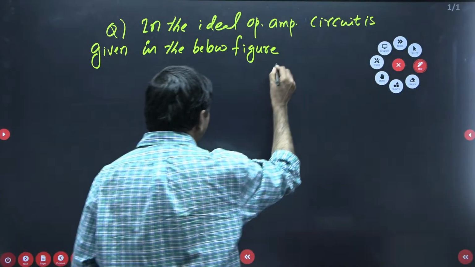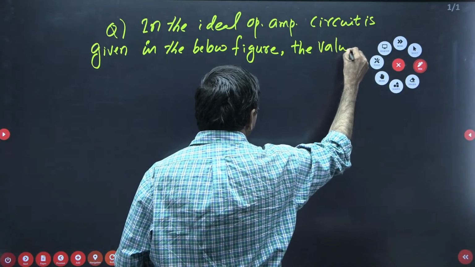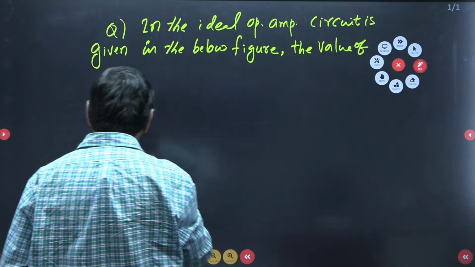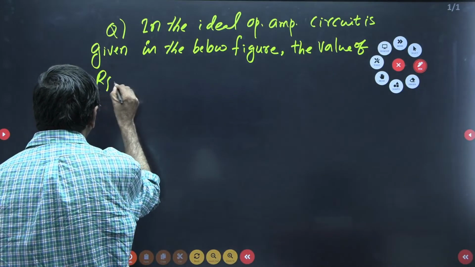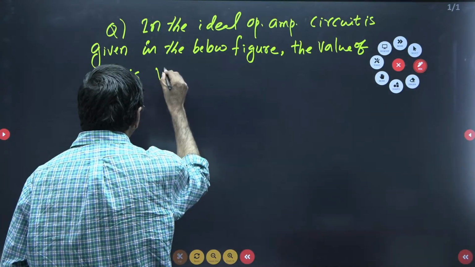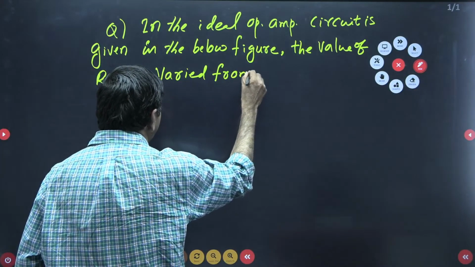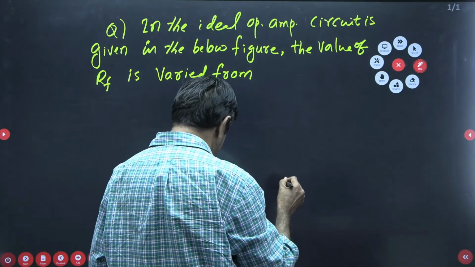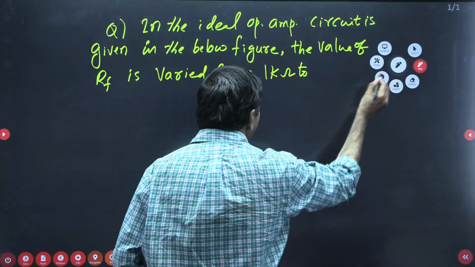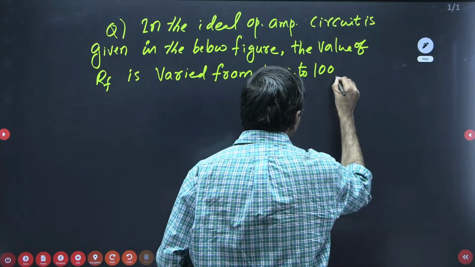The value of RF is varied from 1 kilo ohm to 100 kilo ohms.